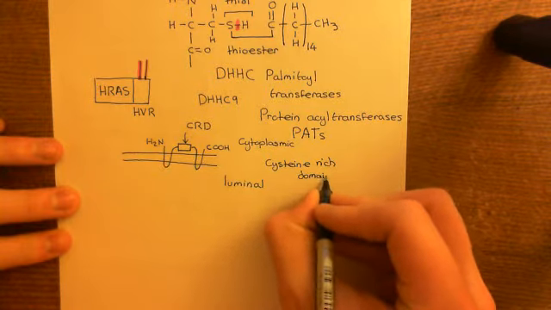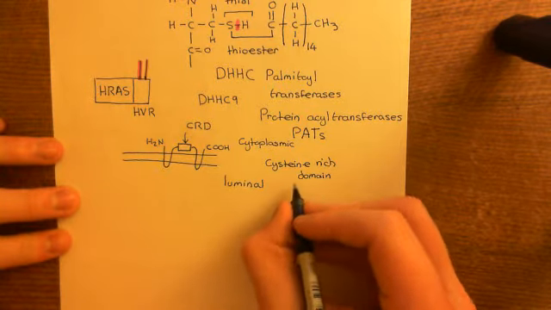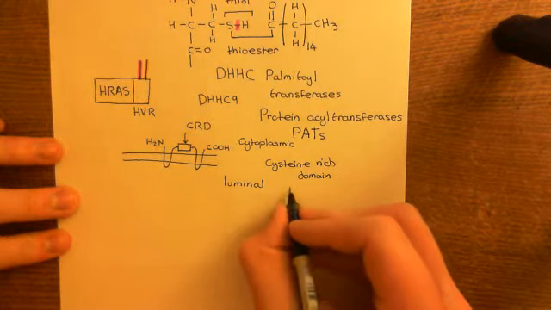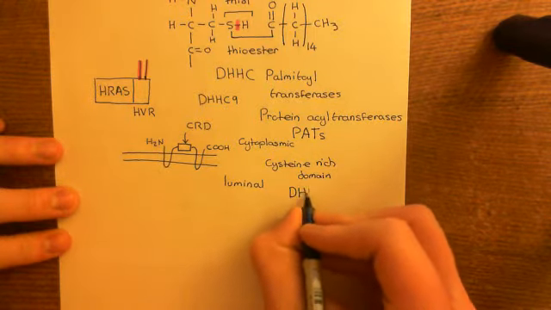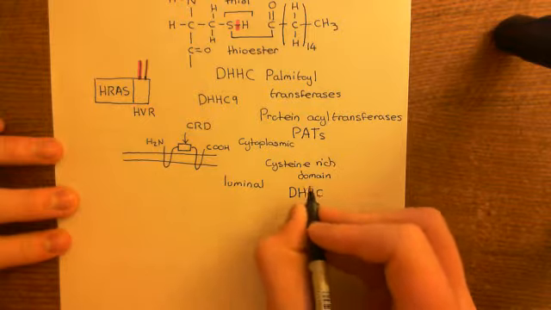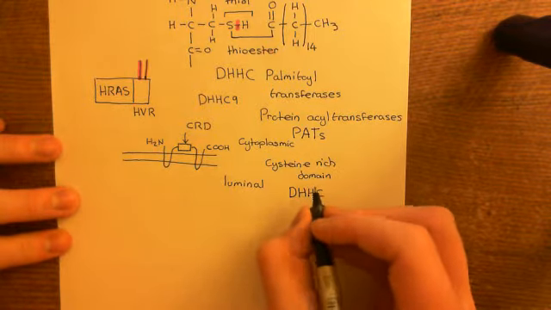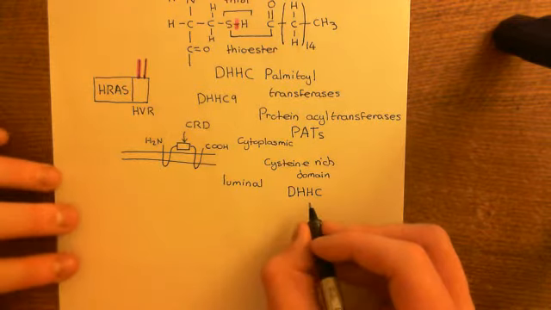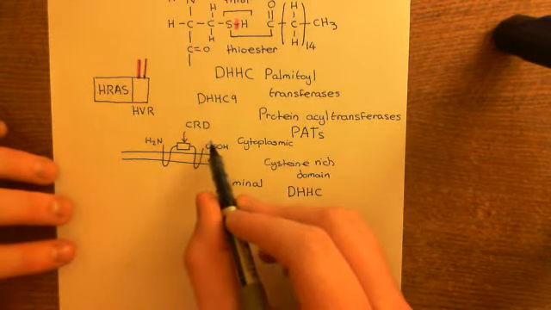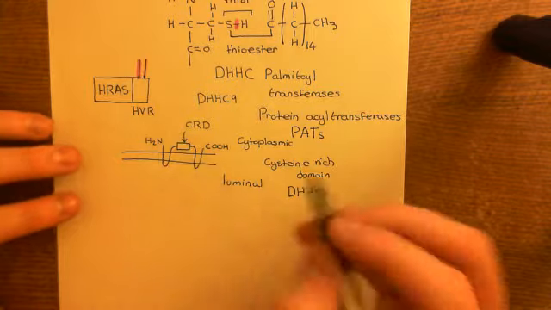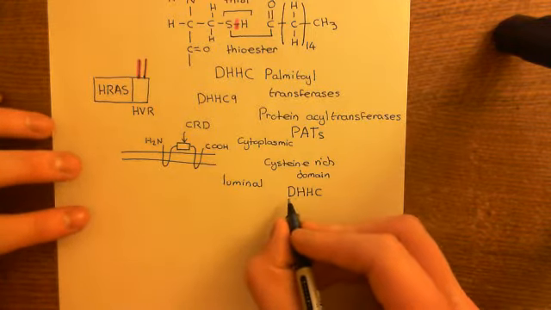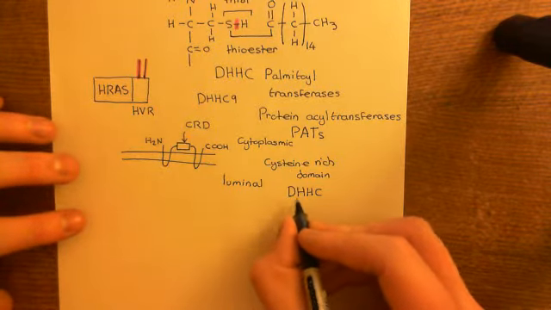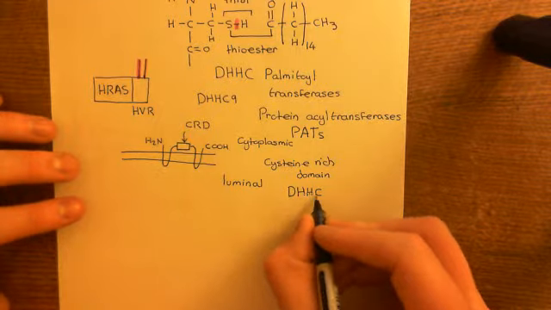Within the cysteine rich domain there is a specific portion which has the sequence DHHC, and this is why this is called the DHHC family of enzymes. They all have cysteine rich domains, and in the cysteine rich domains, which are always on the cytoplasmic side of whatever membrane they're in, they always have a conserved sequence of amino acids, which is this DHHC.